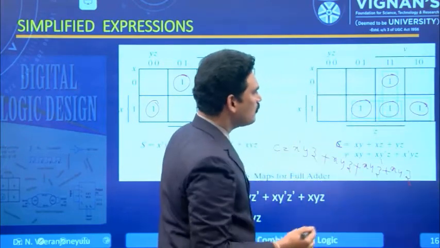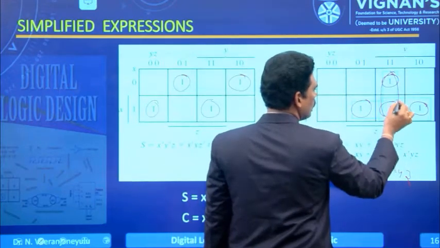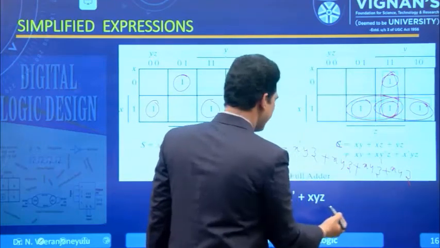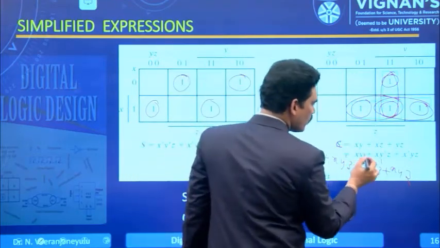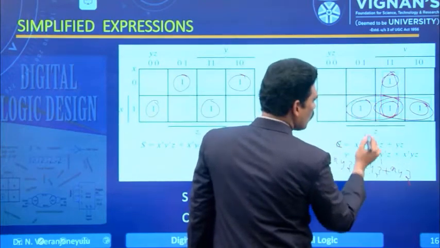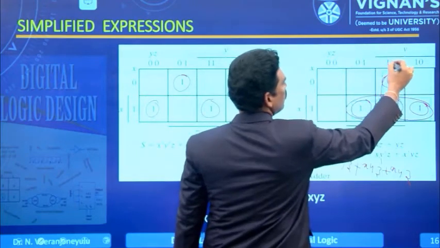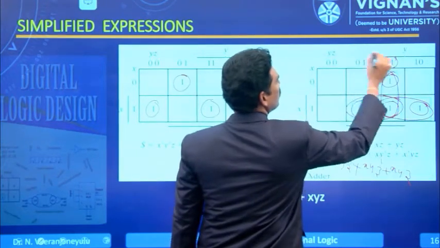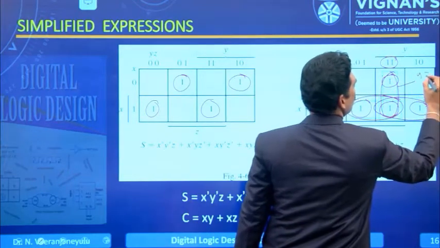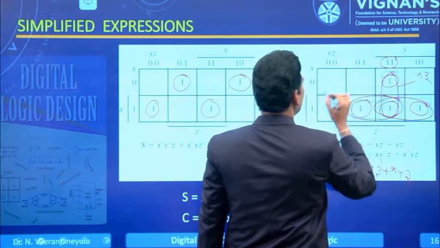Now how to perform the grouping operation? We can perform one grouping like this, another grouping, and another grouping. Based on this, we get the expression. How to write this one? This one is YZ, where X is the common term.